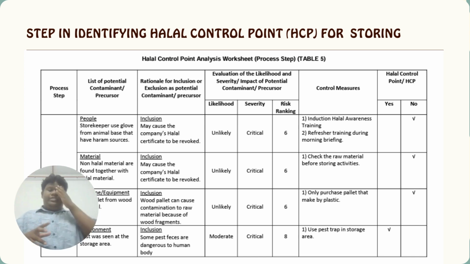If the severity is critical and the risk ranking is on level 7, 8, or 9, we count it as an HCP. That is why the store becomes an HCP, because of the presence of pests that will affect the product and also the raw material.